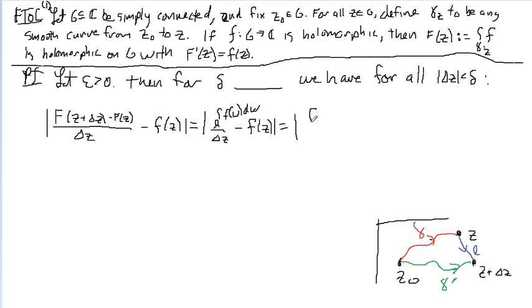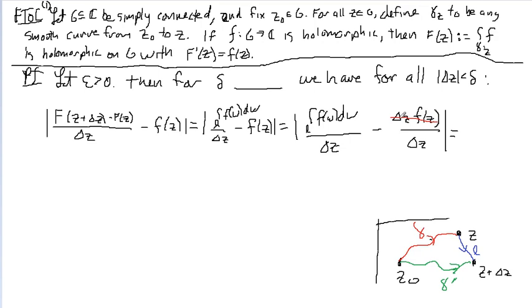I get the numerator here is the integral along L of f of w dw all over delta z, minus, well, I can get a common denominator, delta z times f of z over delta z. And that's equal to, well, here's what I can do.